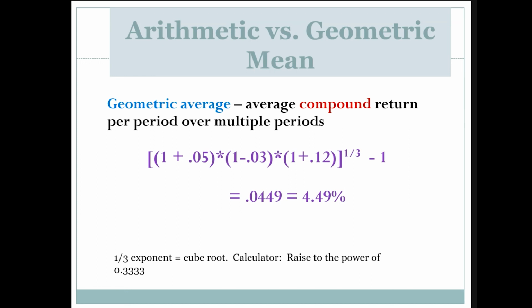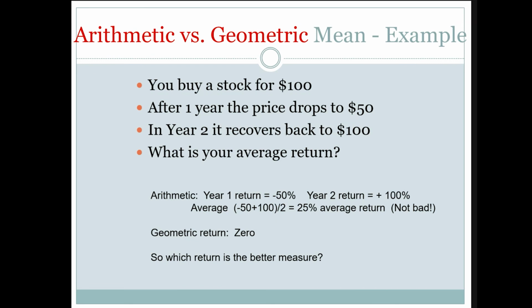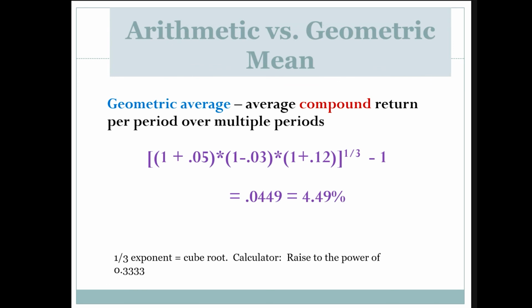We raise that to an exponent of 1 divided by 3 because there are 3 observations, and we subtract 1, and that gives us a 4.49% return. Right? So notice that when the example is not as stylized as our first one, meaning it's not as dramatic, the two return measures give a pretty close answer. Right? 4.67 for the arithmetic mean, 4.49 for the geometric mean.